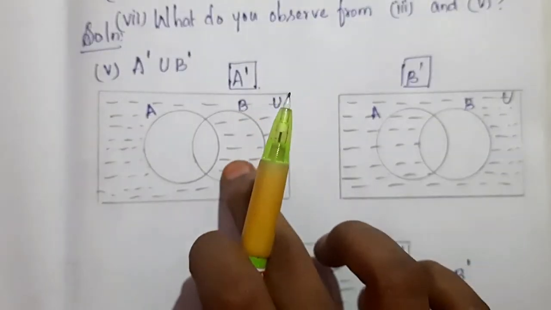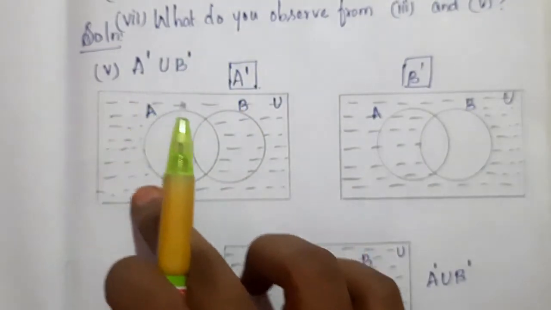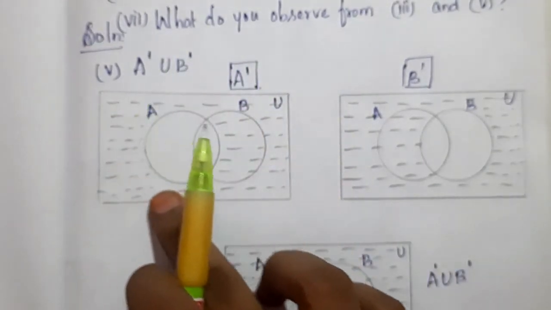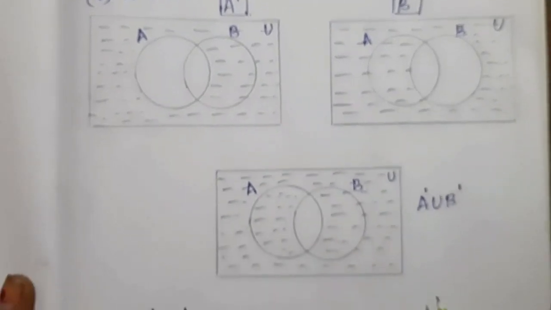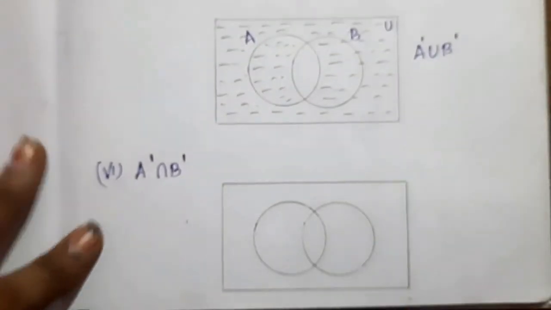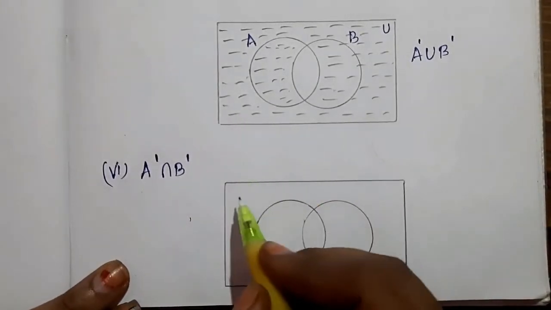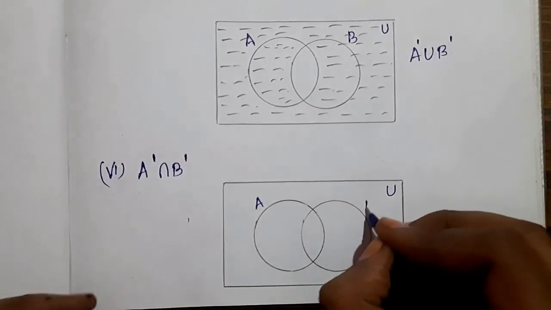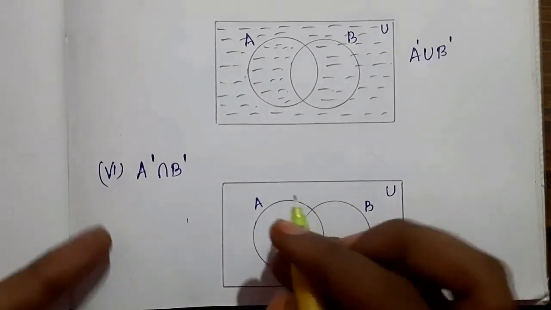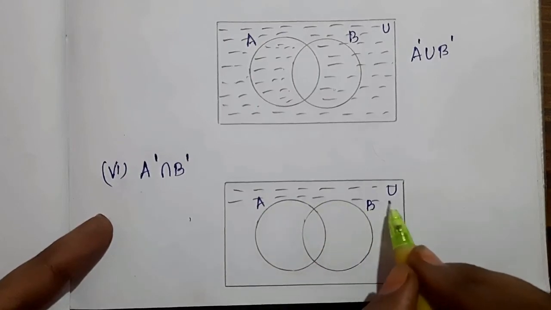Here the same, B is not here, but here B is not there. Only common thing is the outer side. So we can draw universal set, A, B, and the outer side.